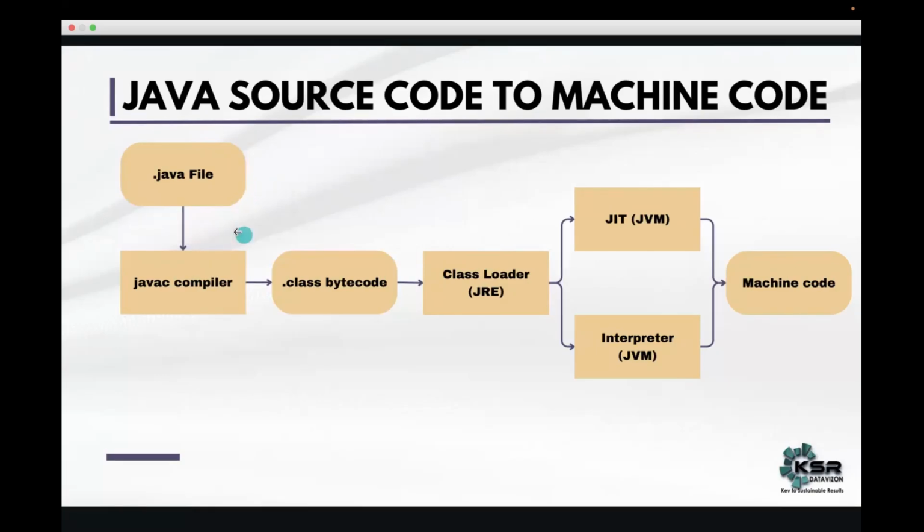The javac compiler will compile your .java file and produce the .class file, which is bytecode. The compiler's job is to produce that bytecode. It will go through your code and might check for type errors.